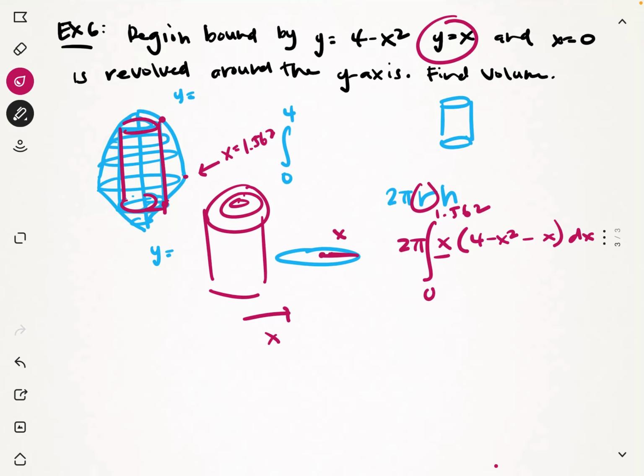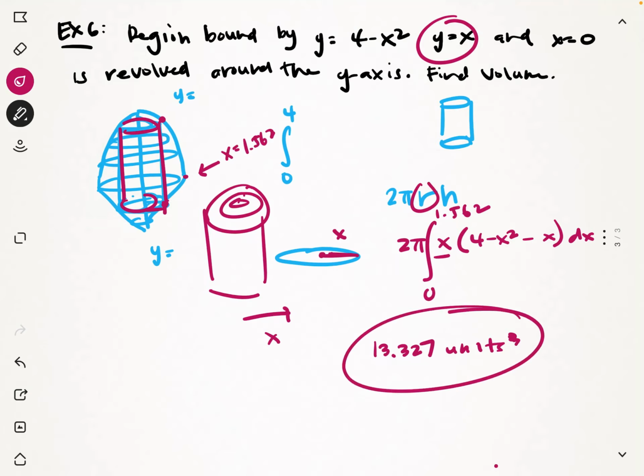And we come out with 13.327 units squared. Cube. Sorry.